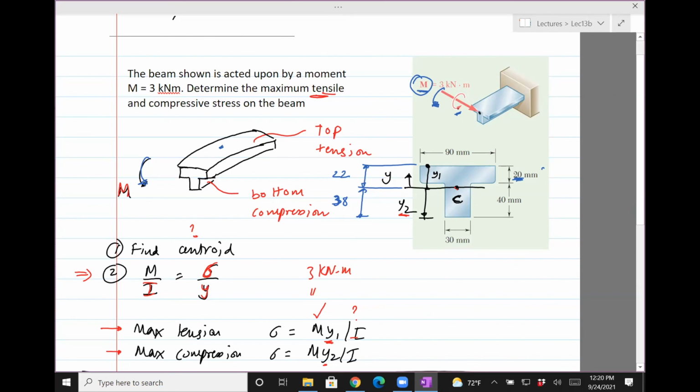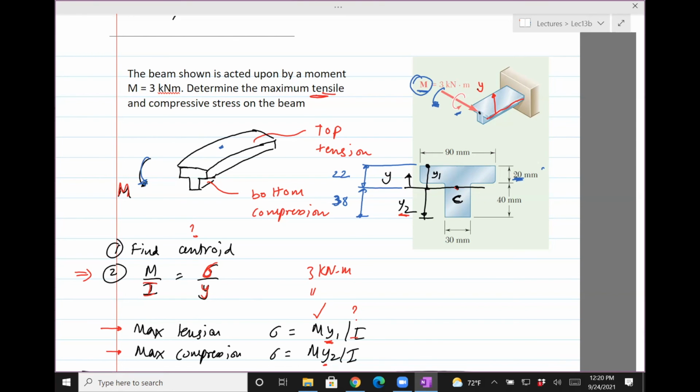So M is positive, and usually the top y is positive and down is negative. M is positive here and y is positive up, so the tensile stress comes out to be positive.